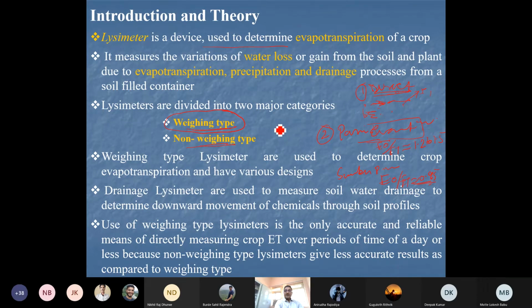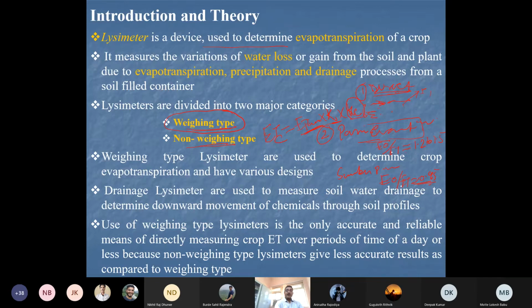And finally, if we want to estimate ET, ET is equal to E of pan into K, that is the pan constant, into Kc, that is the crop coefficient, to find out ETc. So pan evaporation into K, the pan constant, and Kc is the crop coefficient for different growth stages of the crop.